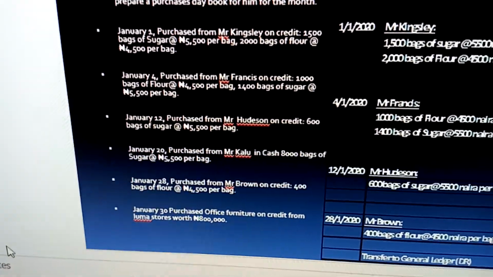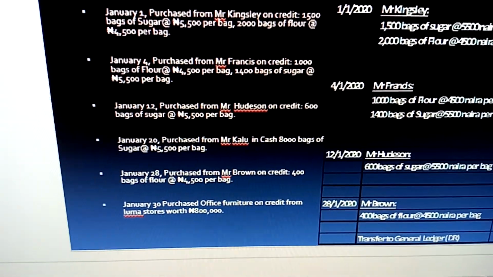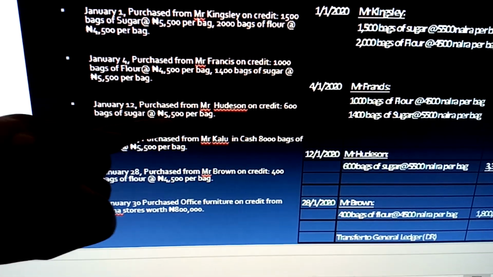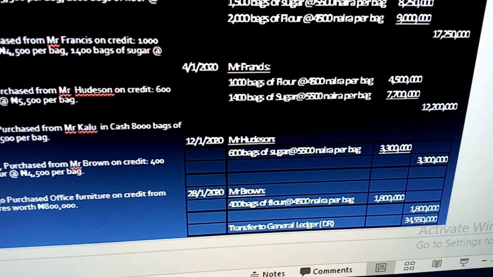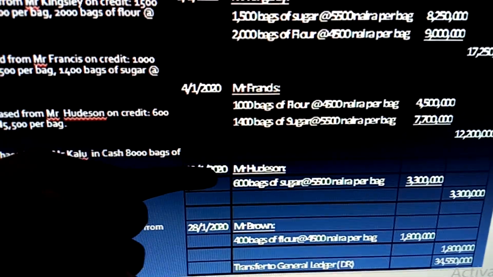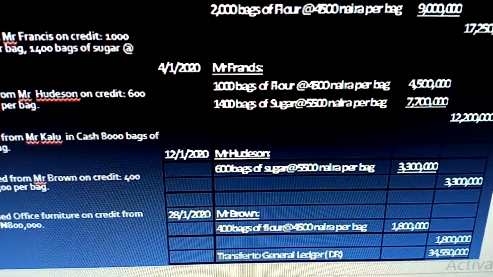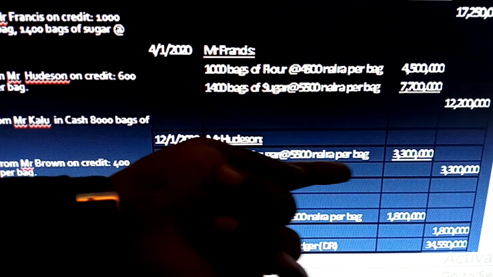Okay, the next transaction is January 12. Purchased from Mr. Hudson on credit 600 bags of sugar at 5,500 naira per bag. Let's prepare. On the 12th of January, bought from who? Mr. Hudson. What was purchased? 600 bags of sugar at 5,500 naira per bag.